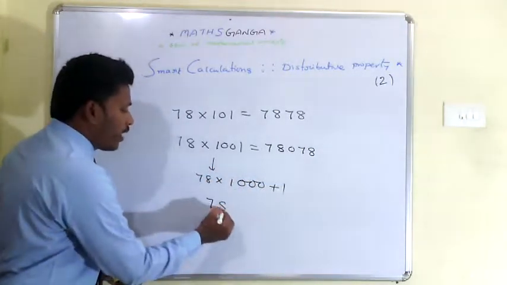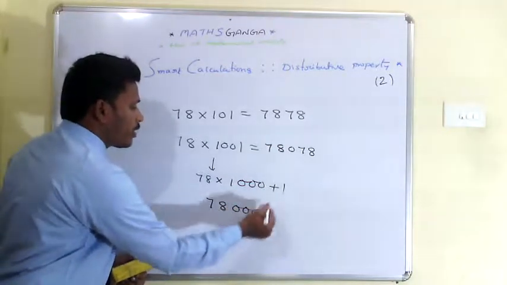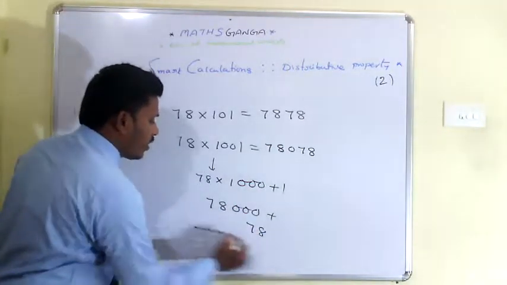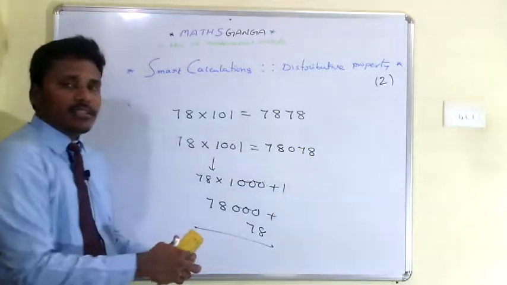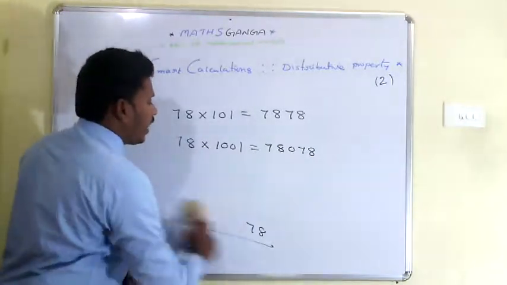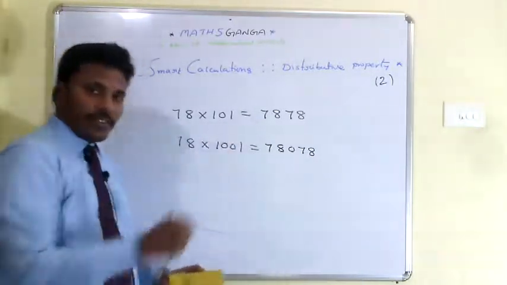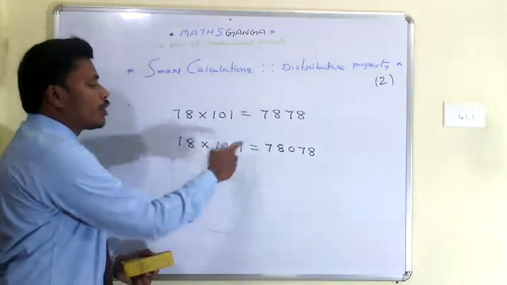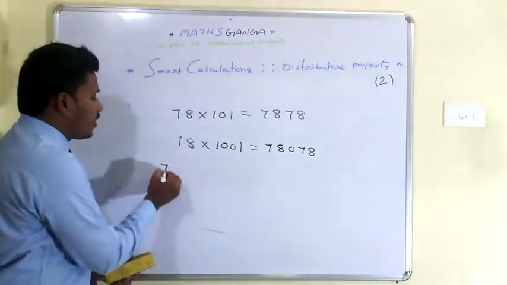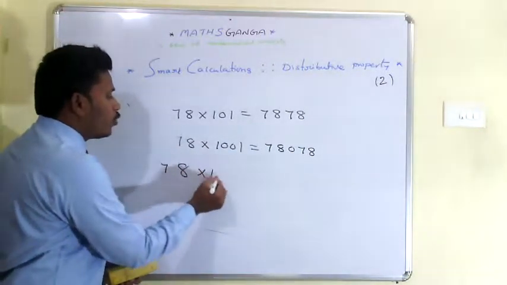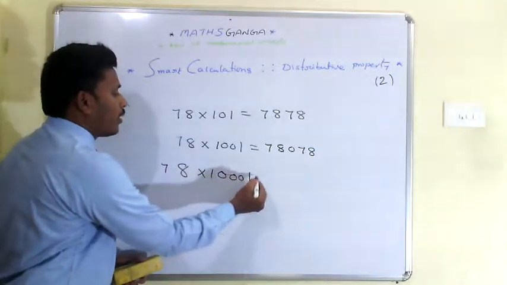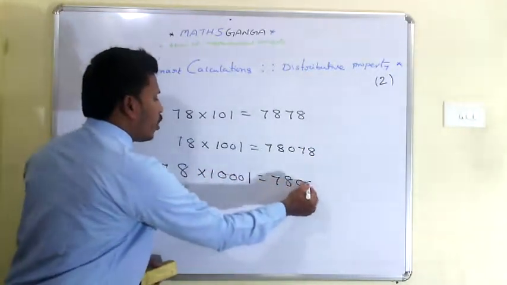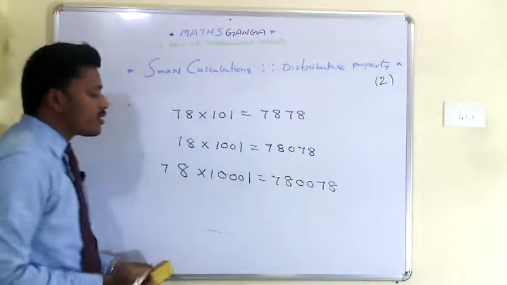If you multiply 78 with 3 zeros, plus 1 into 78 is 78, and you add, the result is this one. So 78 into 101 is 7878, 78 into 1001 is 78078, and 78 into 10,001, the result is 78, 2 zeros, along with 78.